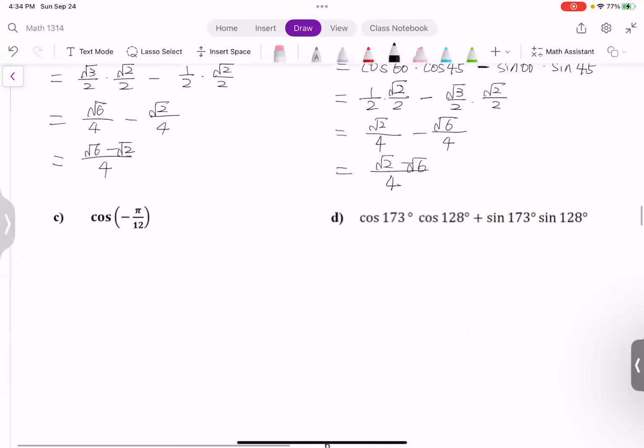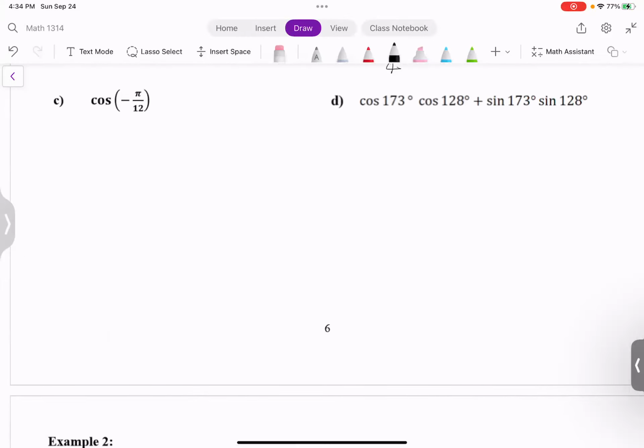All right, let's see the next one. This is radian mode. What is cosine of negative pi over 12? Get rid of the negative sign first, so this equals cosine pi over 12. So what is pi over 12? We know that 4 pi over 12 minus 3 pi over 12 is pi over 12, yes?